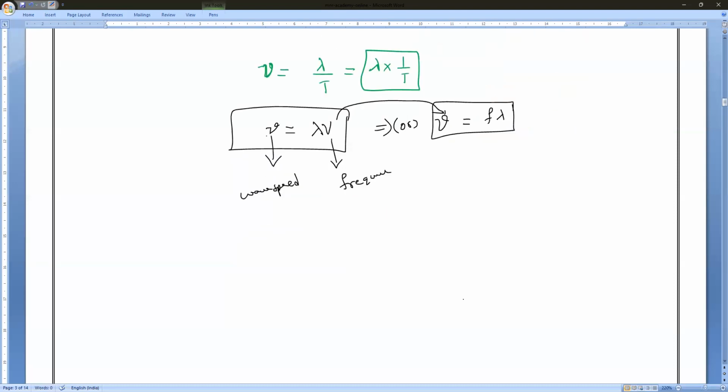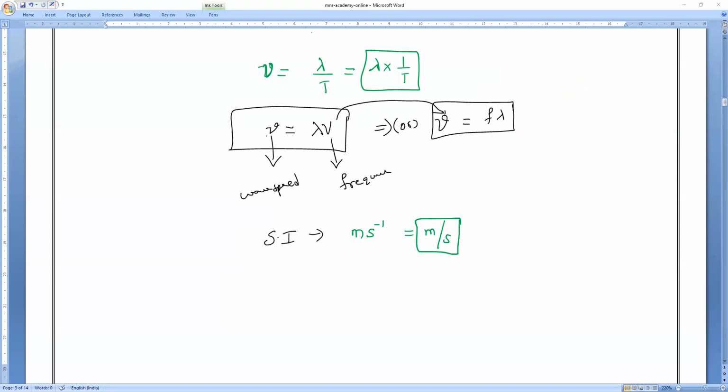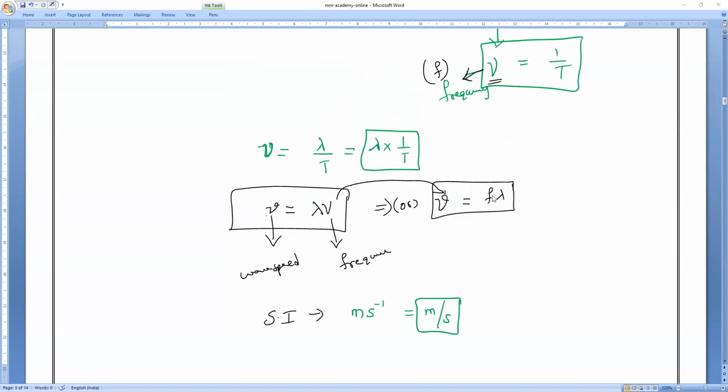Now, what is the SI unit? Let us verify it. What is the unit of wavelength? Meter. What is the unit of frequency? Hertz.